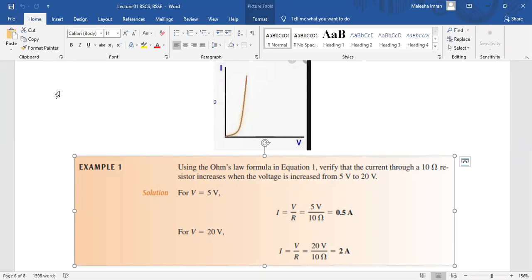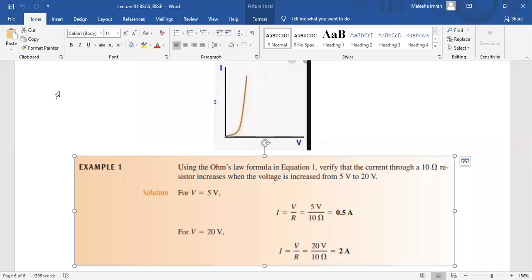In the first example, we have to determine the current when the resistance is 10 ohm and the applied voltage is 5 volt. Here we consider two different voltages, 5 volt and 20 volt. If resistance is constant, then current and voltage are directly proportional to each other.